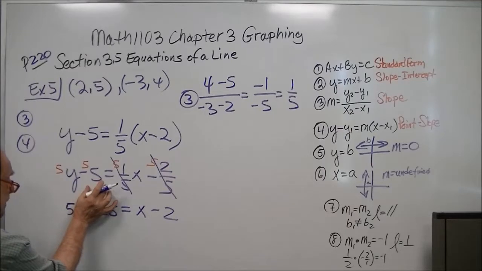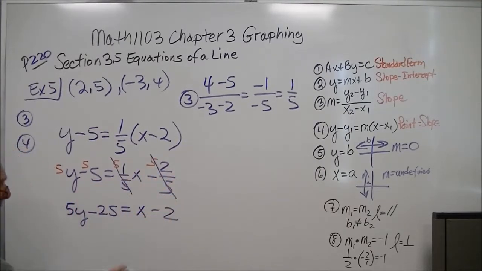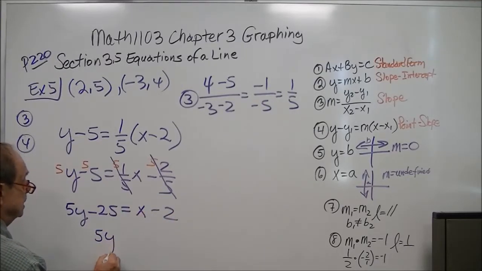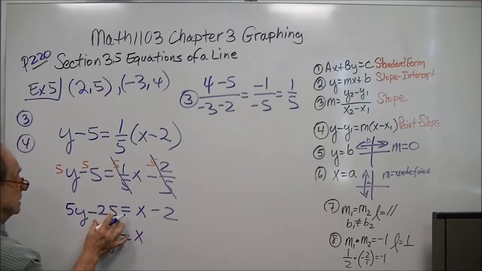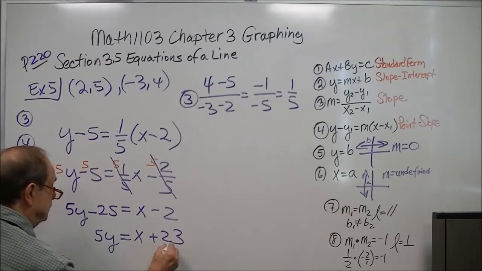If you had to bring that 5 over here, then it gets kind of messy dealing with that fraction. So we're now going to transpose the 25, and we get 5y equals x. This comes over as a positive 25, so plus 23.